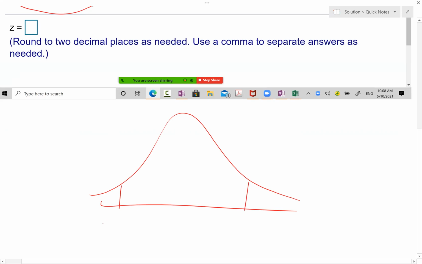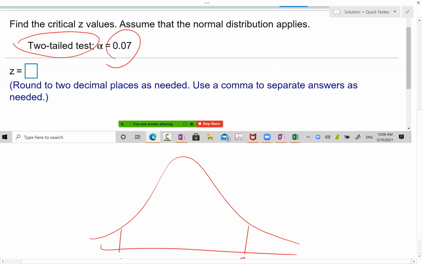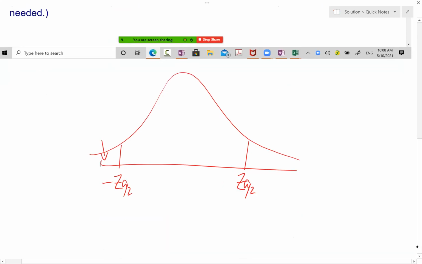So we have a -z right here, and a +z. And on the two tails, the total probability is 0.07. That means on each tail it will be 0.07 divided by 2, so that's going to be 0.035. This is 0.035.